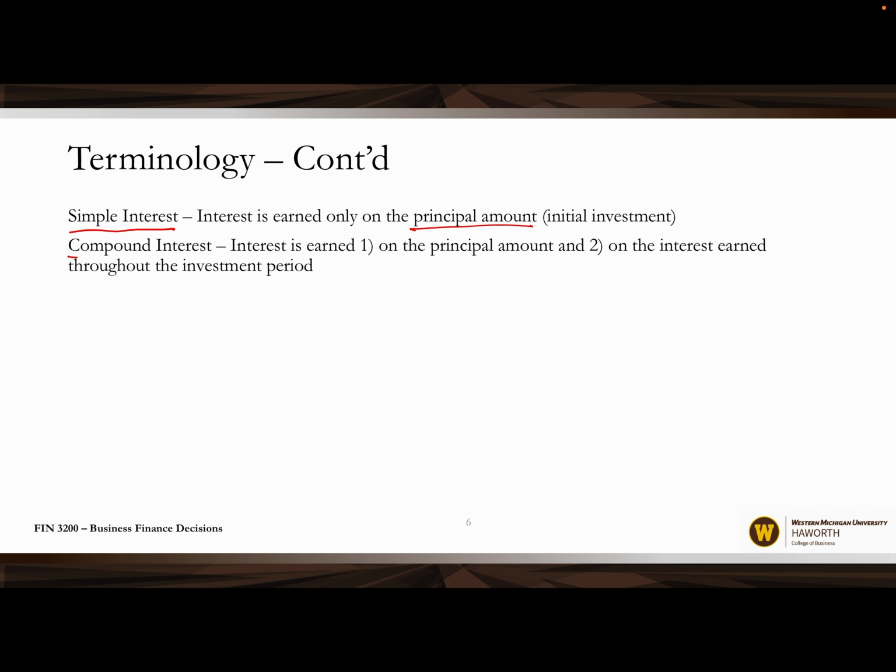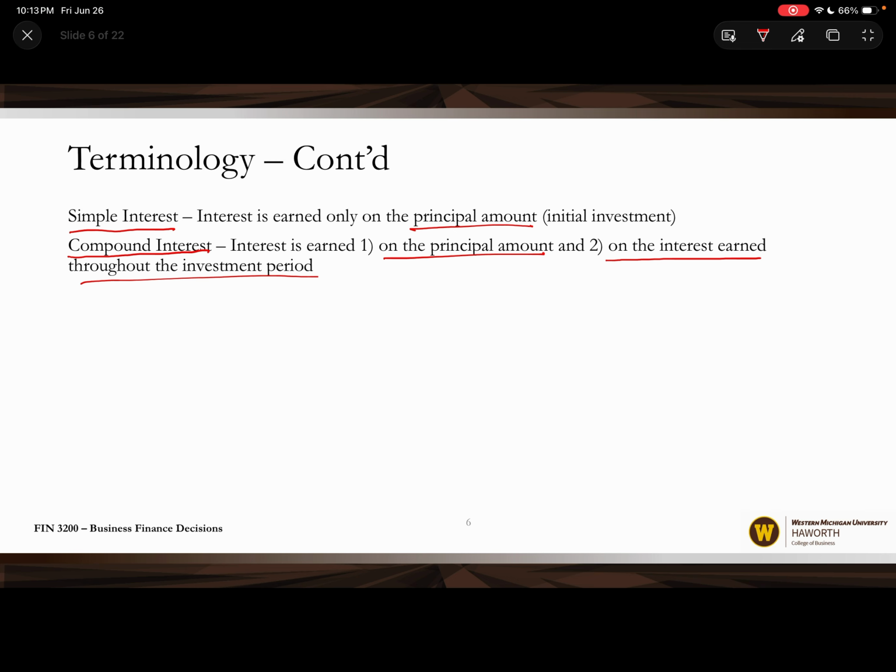Under compound interest scheme, interest is earned on the principal amount and on previously earned interest. So in this course we're going to assume compound interest for all the problems. But let me just give you an example.